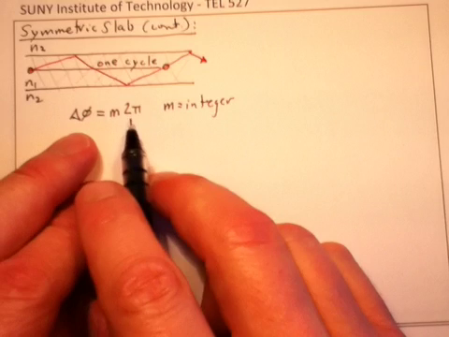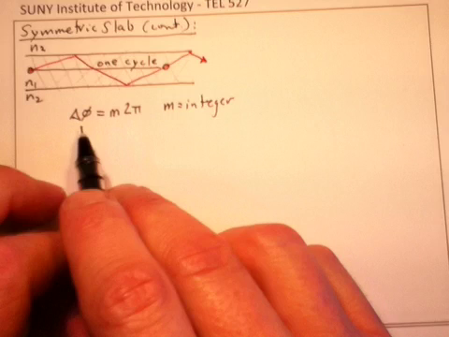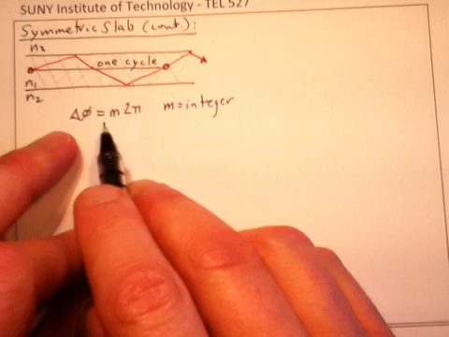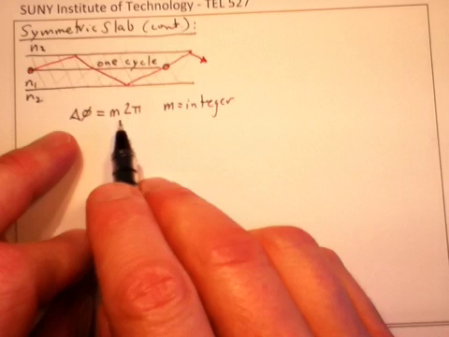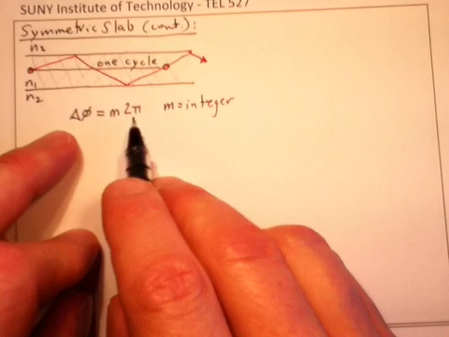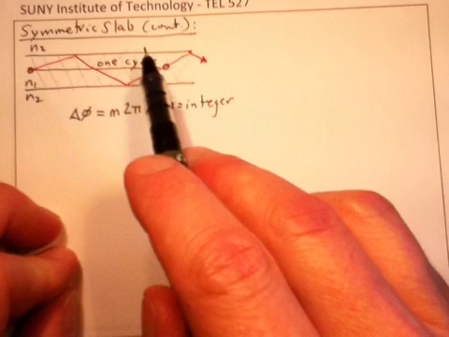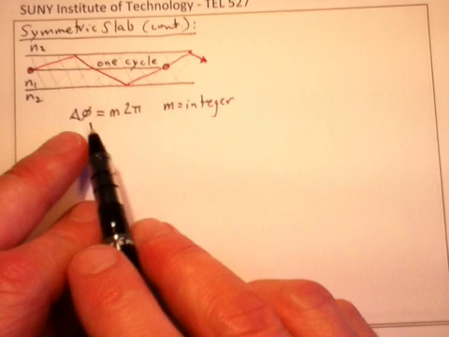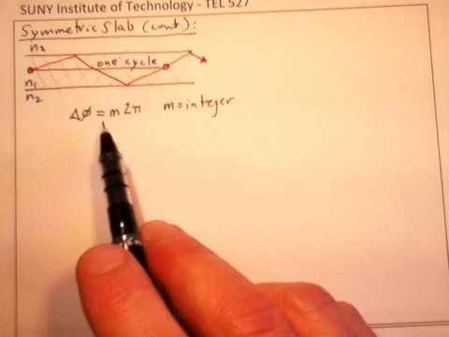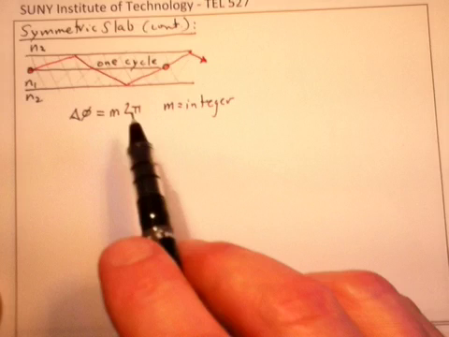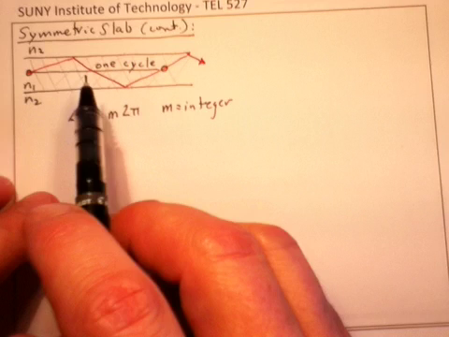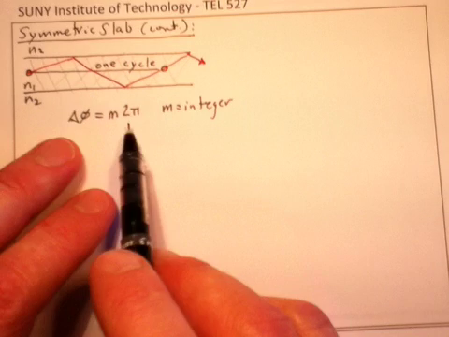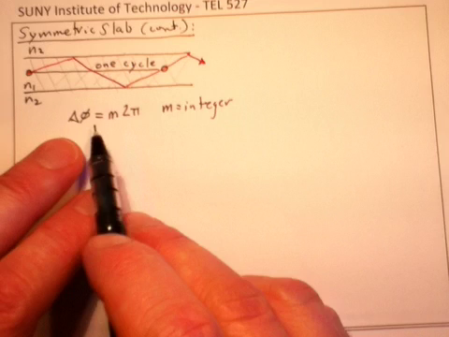Any time the phase change is not exactly equal to an integer multiple of 2 pi, then the destructive interference over many cycles will cause rapid attenuation of that ray. And so only rays which can satisfy this condition will propagate.